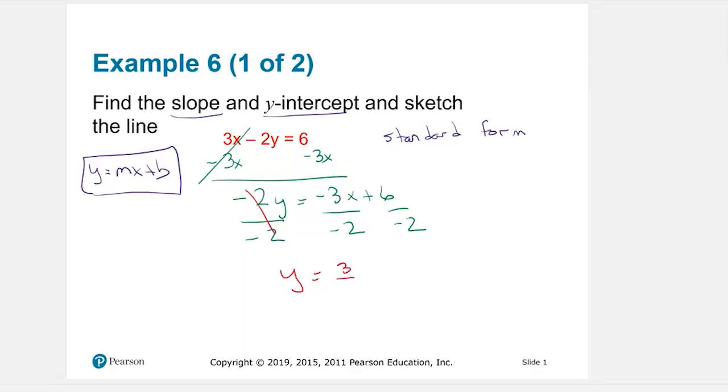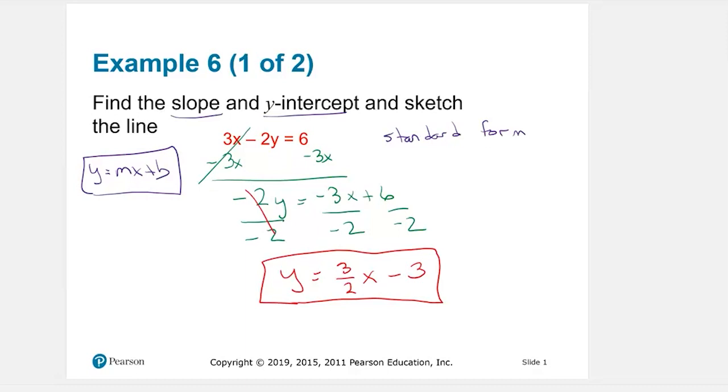So I have 3/2, that's my slope, times x. And then I have 6 divided by negative 2, which is negative 3, so minus 3. Okay, so that is my equation in slope-intercept form.